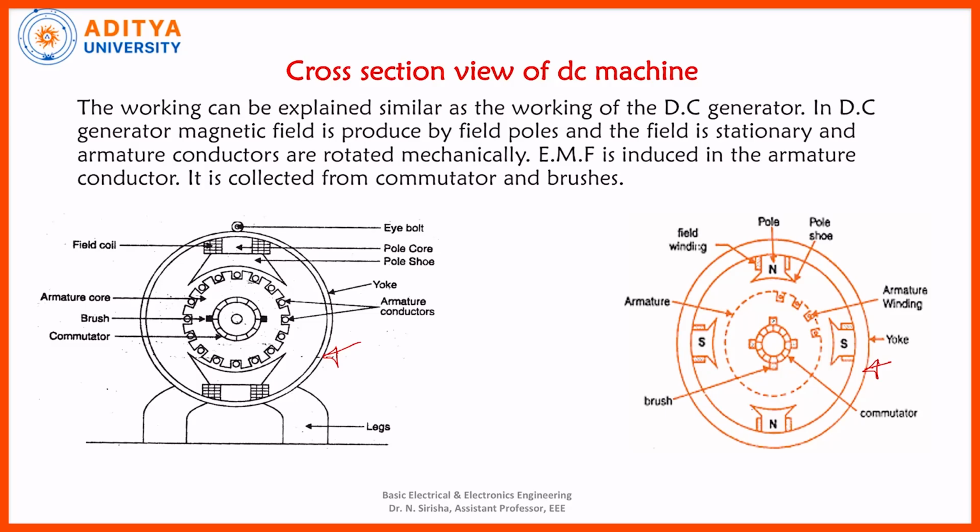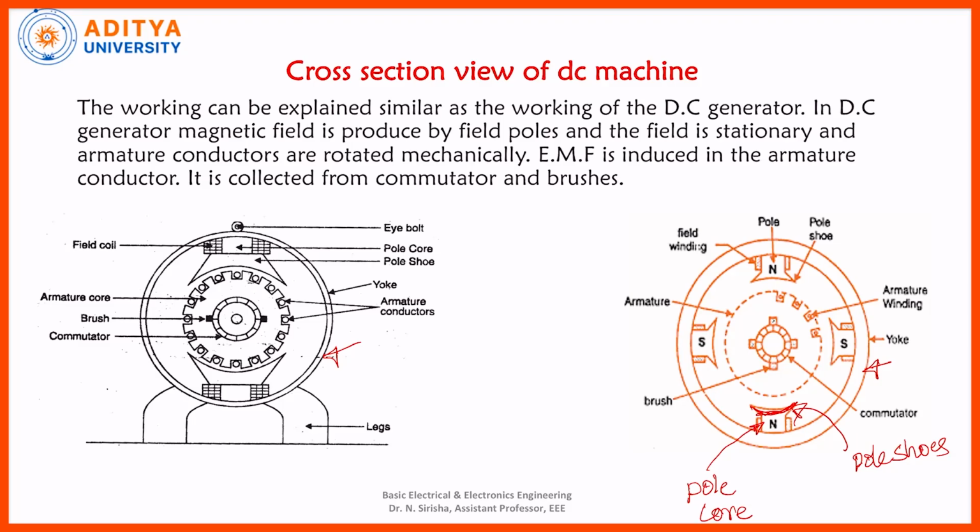Here this part forms the pole shoes and this bottom part forms the pole cores. The field magnets are made up of electromagnets. Here electromagnets are used for the field poles.